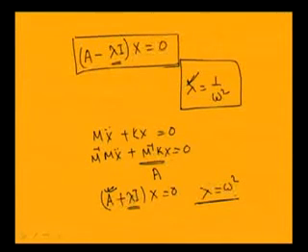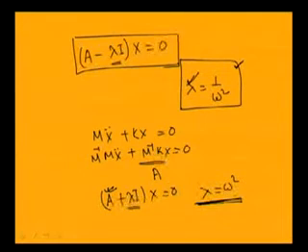You can solve the problem either by using the stiffness matrix method or by using the displacement influence coefficient method. In the displacement influence coefficient method, you will get the eigenvalue equal to the reciprocal of omega square, whereas in the other case lambda equals omega square.